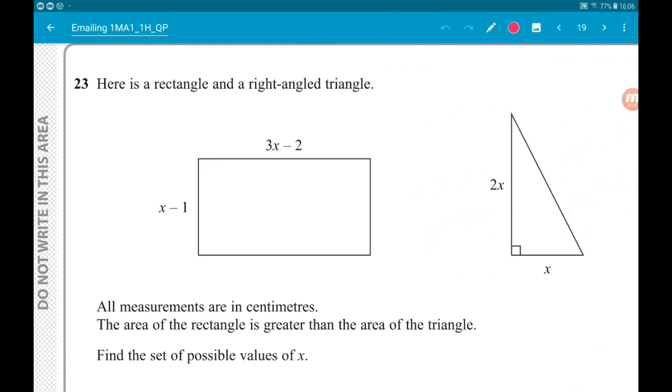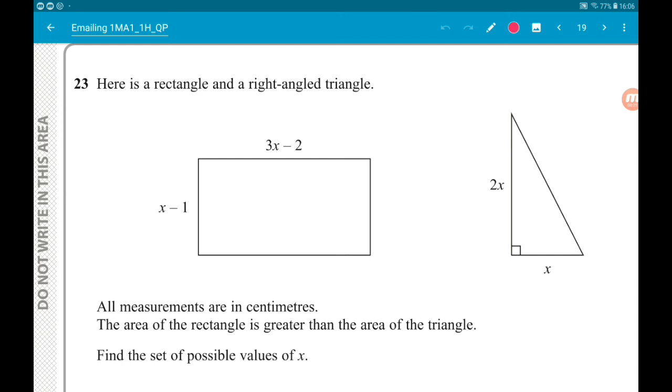Okay, then final question. So a nice big 5-mark quadratic inequality. Good times. So I do have stuff on these down below. So we are given a rectangle and a right-angled triangle. All measurements are in centimetres.